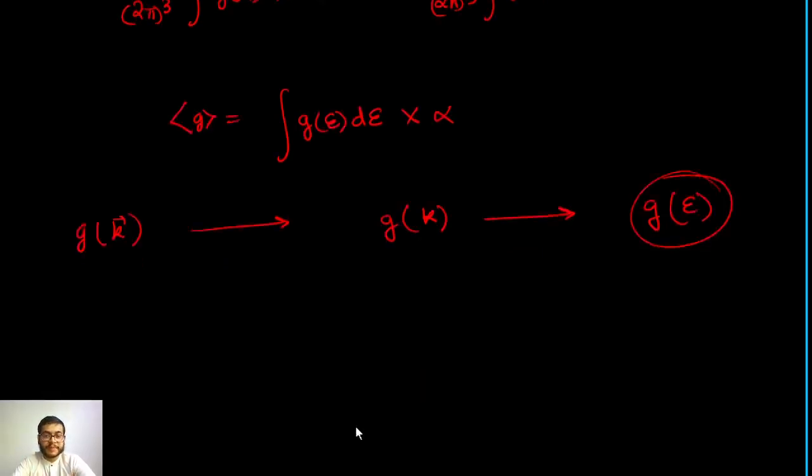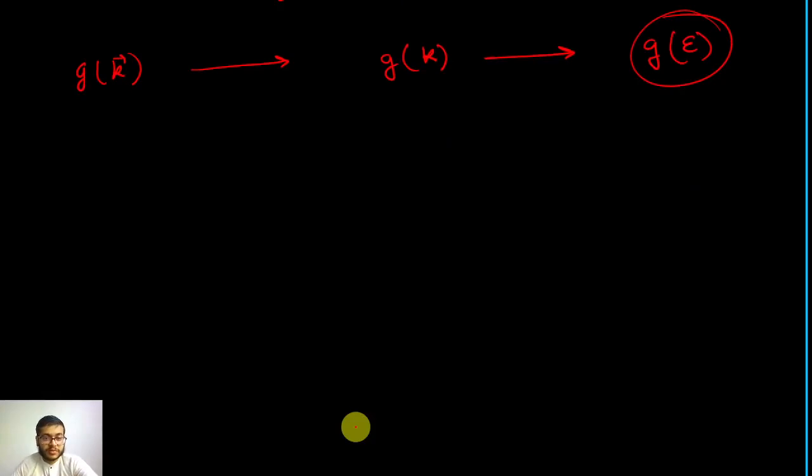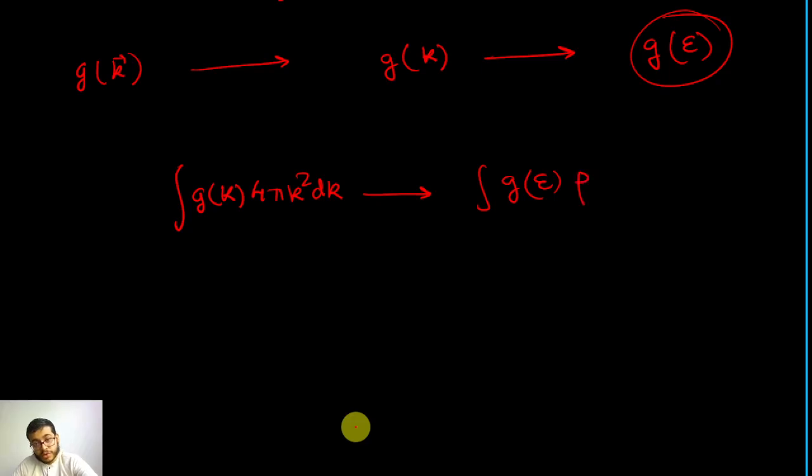We need to change gk 4 pi k square dk to something like this: ge rho e de, because this is a substitution, a change in variables, and that's why there will be an extra term, and this is what is called the density of states.